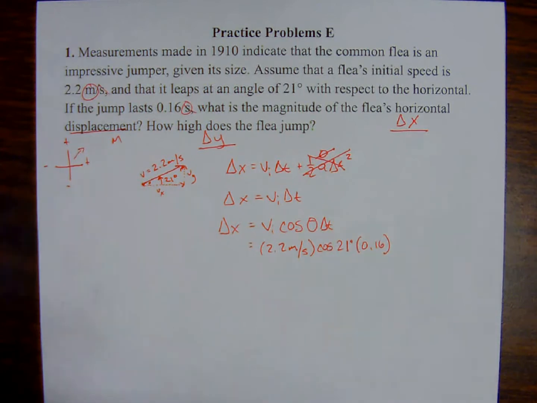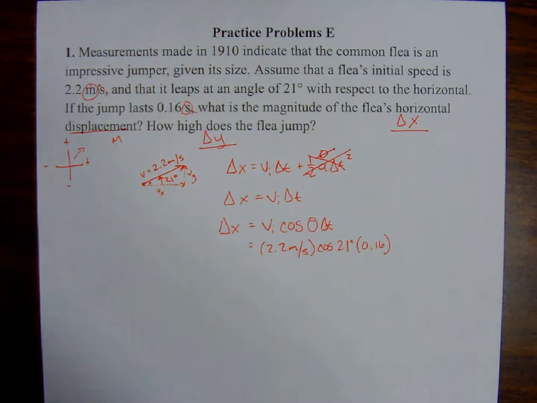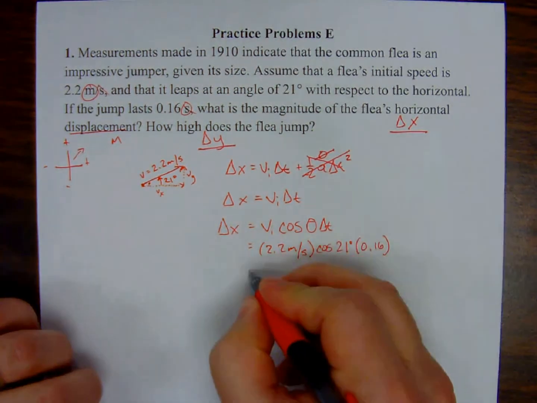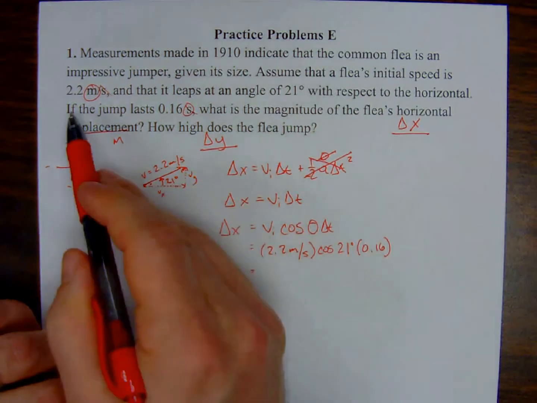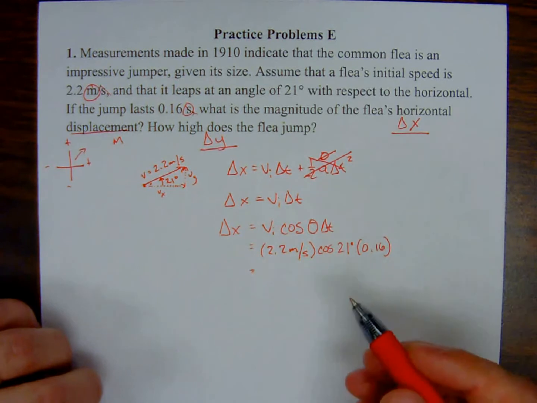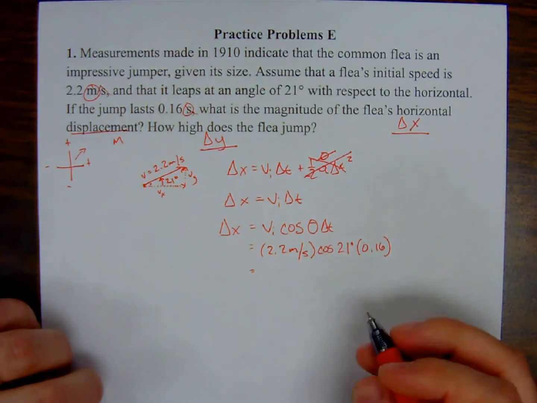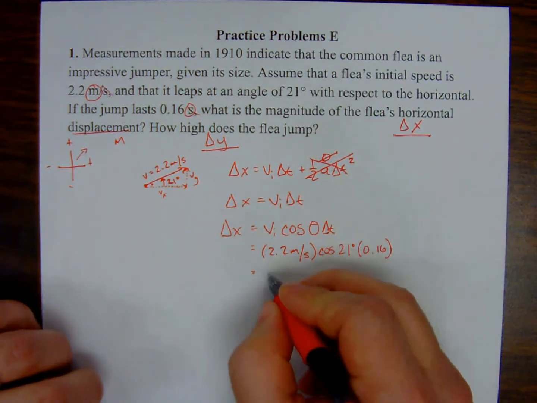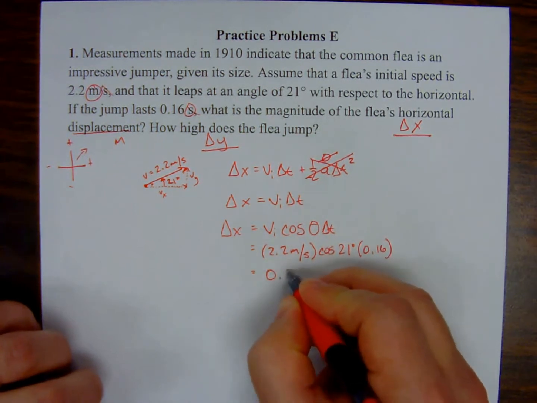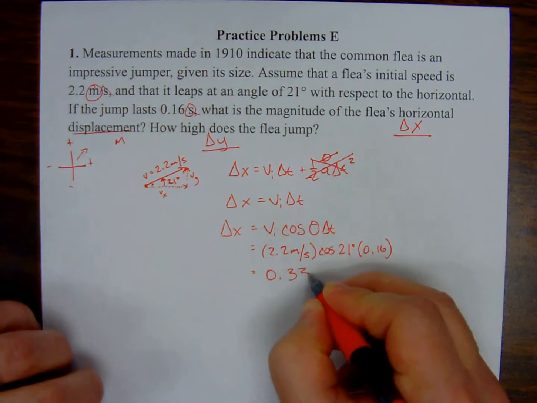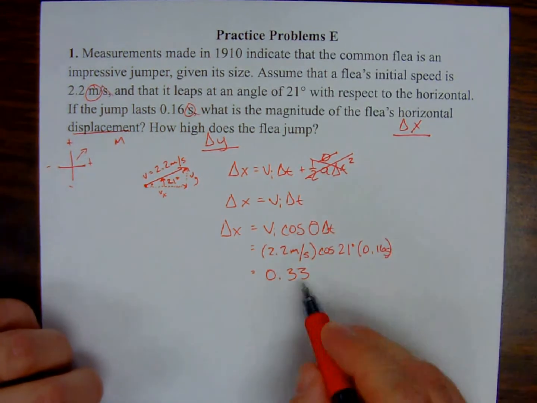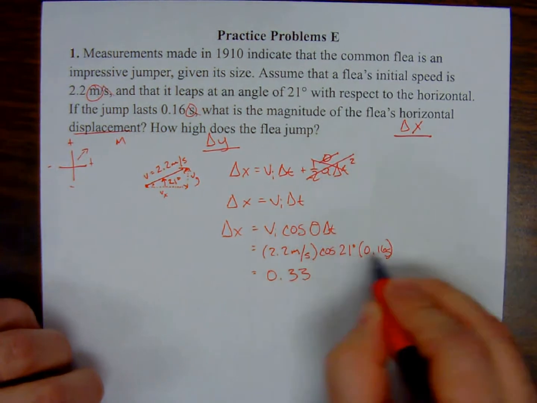I'm going to report 0.33. These three values are multiplying together, but seconds is going to cancel, and that's going to leave meters as my unit. So my horizontal displacement is going to be 0.33 meters.